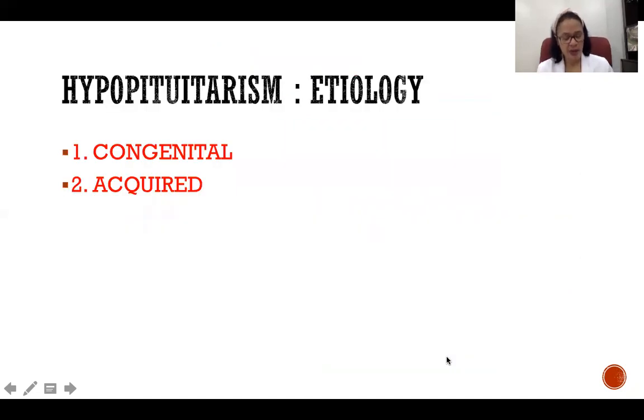So what are the etiologies of hypopituitarism? So it could be congenital or acquired. And in adults, the most common cause of hypopituitarism is still the adenomas, or the pituitary tumors. Although traumatic brain injury as a cause is being more frequently recognized.